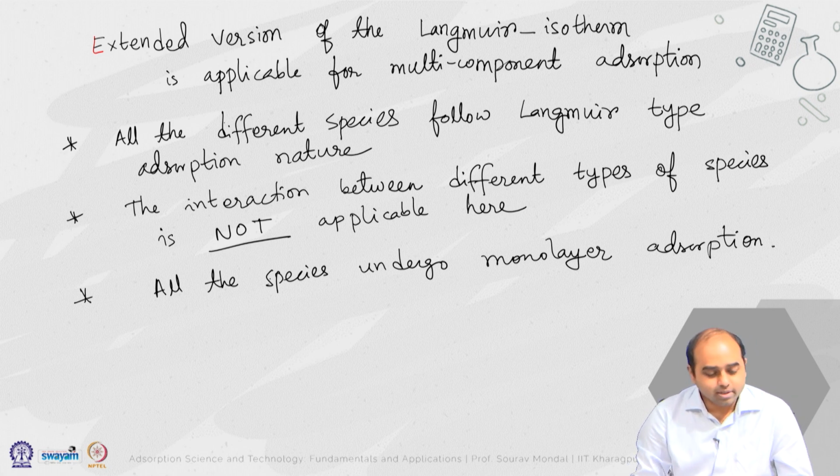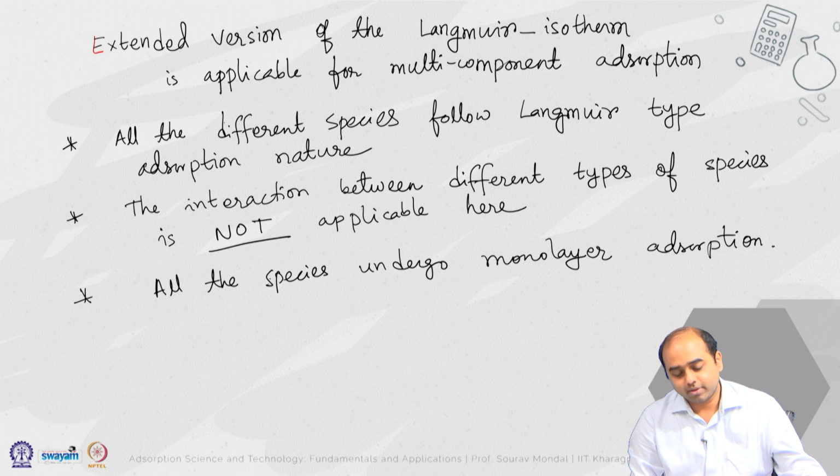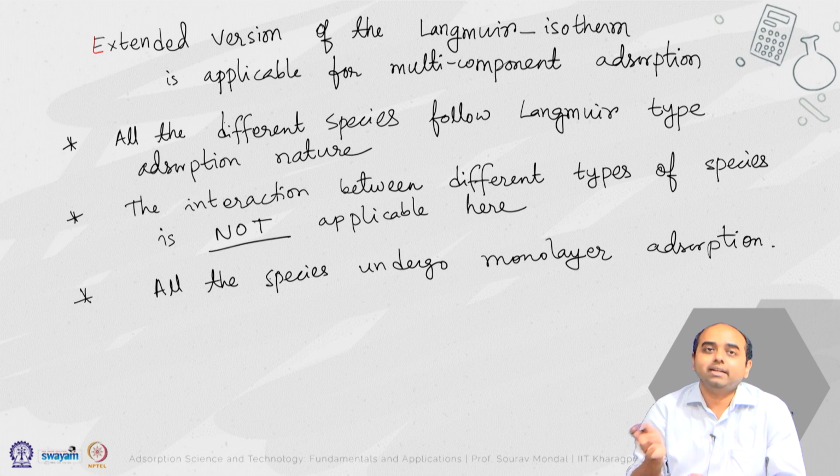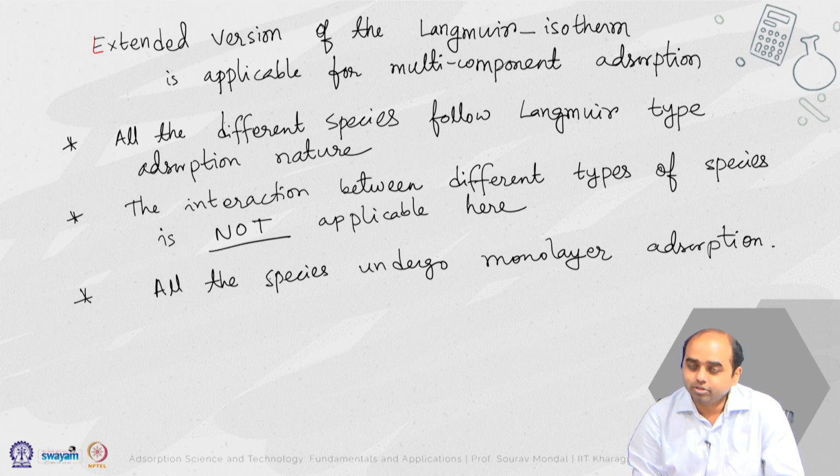So, now let us see how this derivation goes. It must be noted that even though there are multiple species, it is still not possible for two different types of species to occupy one adsorbent site. That is strictly not possible in this case.